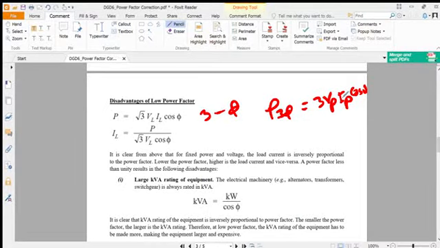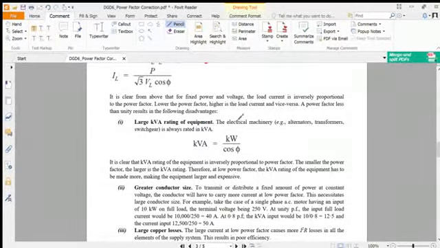So we can see that the power factor cos theta is inversely related to load current. If it is low, then load current will be higher. So what happens if the load current is higher? Let's see. Here I'm going to discuss some effects of low power factor.